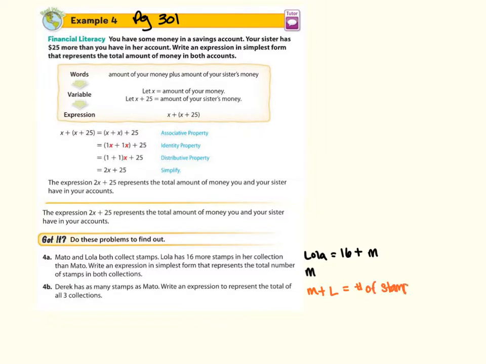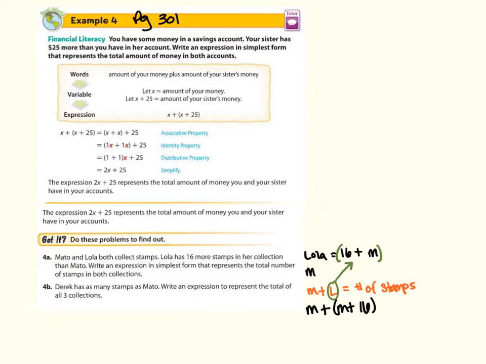But when it comes to this example, they have 2 variables, so we're going to replace the L with what L equals, and that's this right here. So your new equation will look like this: M plus 16.